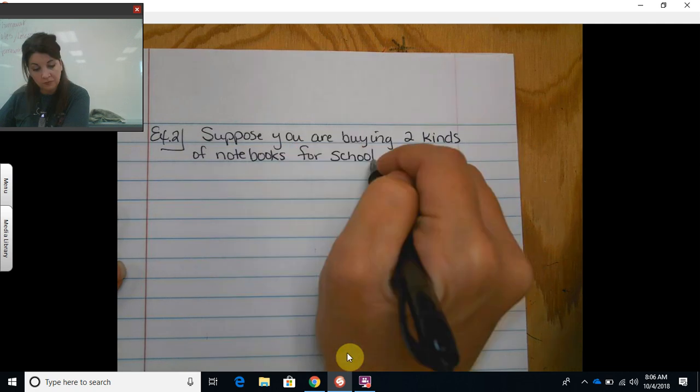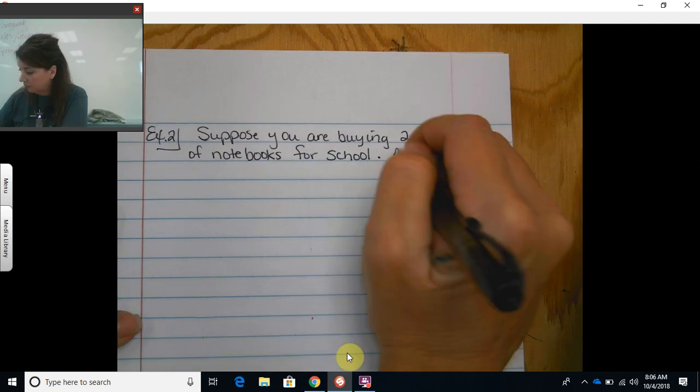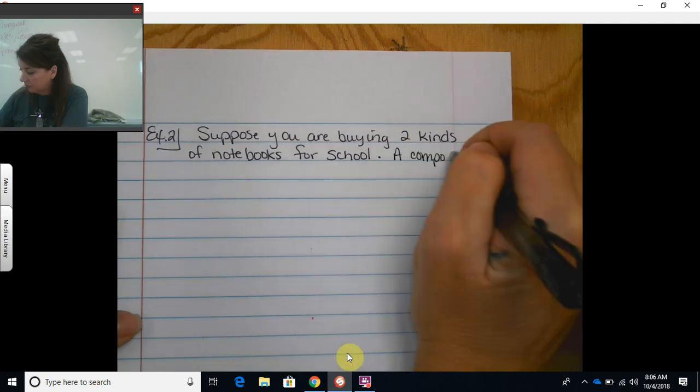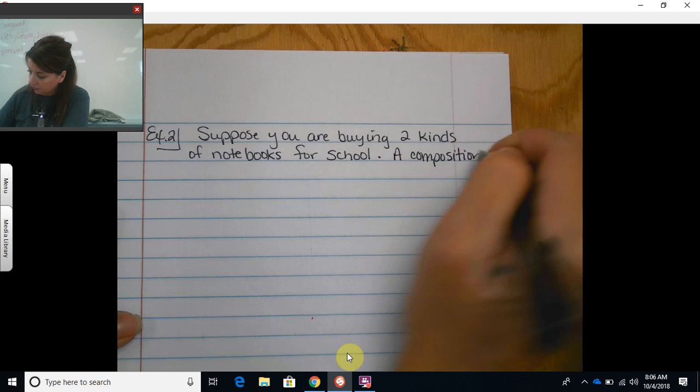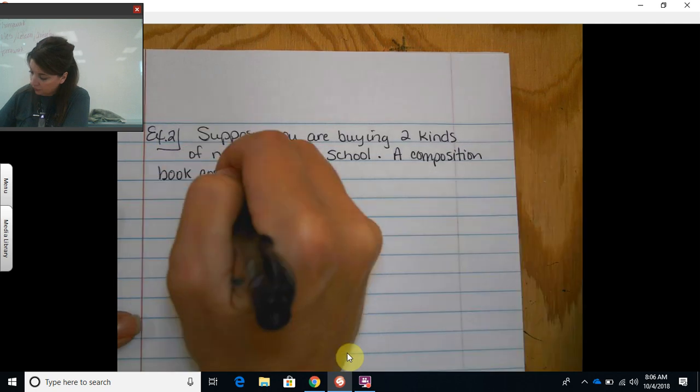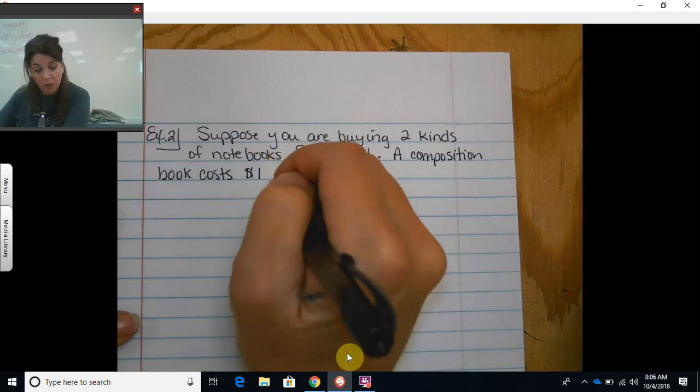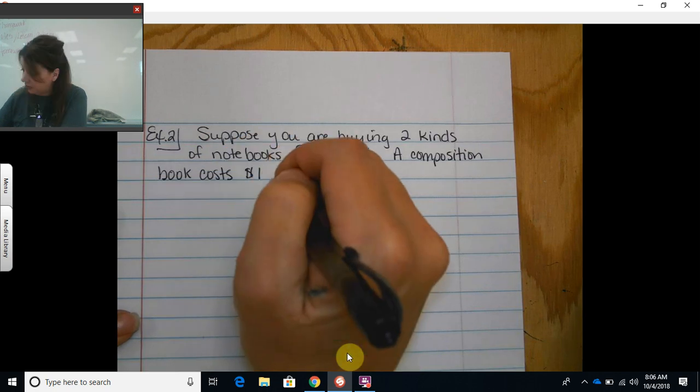A composition book costs $1. And a 1-inch 3-ring binder costs $3.